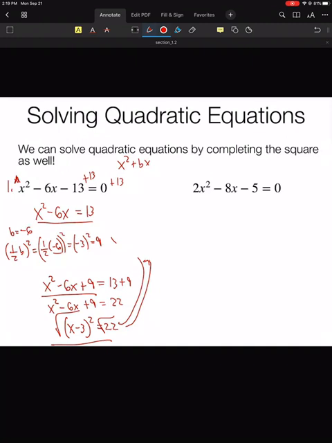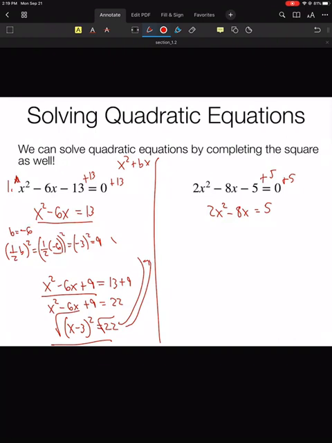Now I'm going to do this quicker with a little less explanation. If I have it here, it's probably not going to turn out nice by factoring or anything else. So we're going to try to complete the square by adding 5. I get 2x squared minus 8x equals 5.